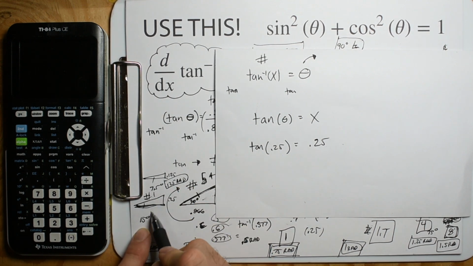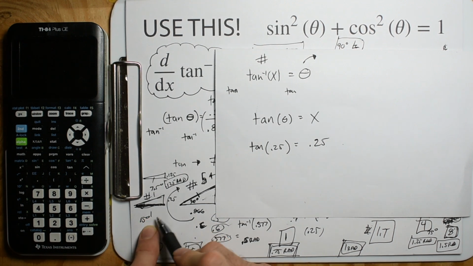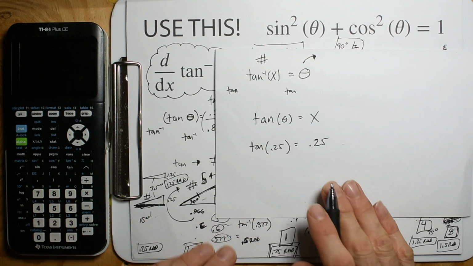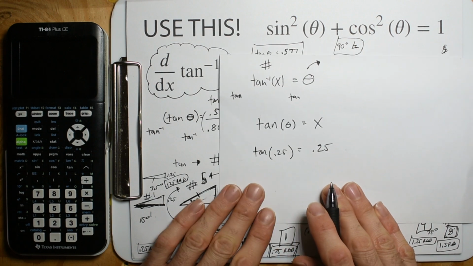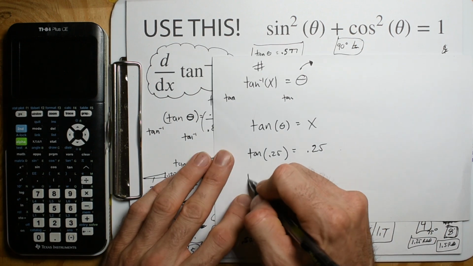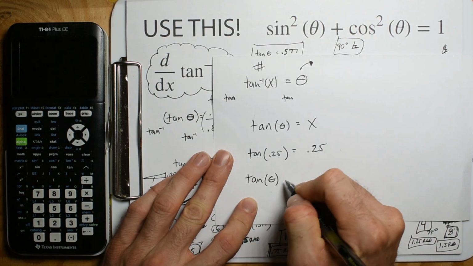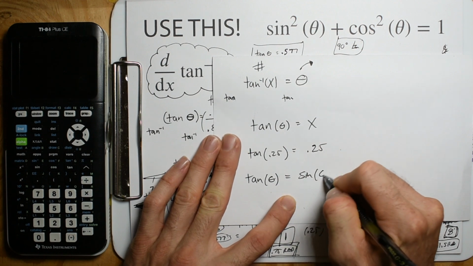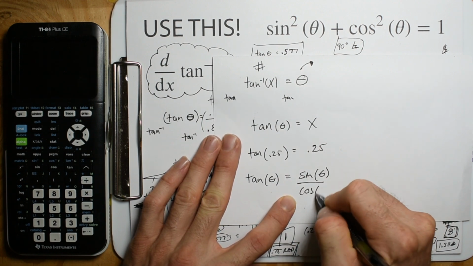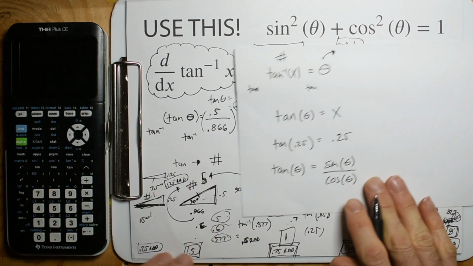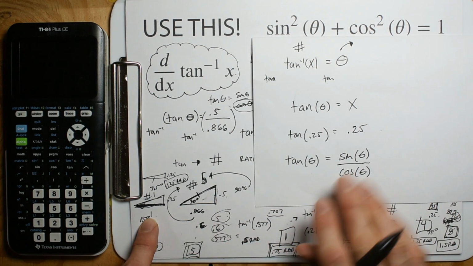Hypotenuse is 1. And this basically becomes the same length as the hypotenuse. So it's going to be 0.25 divided by 1. Tangent theta is the same thing as sine theta divided by cosine theta. And because this is a ratio, that's the other thing.